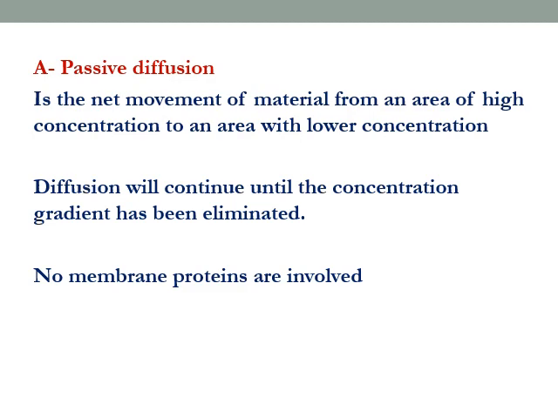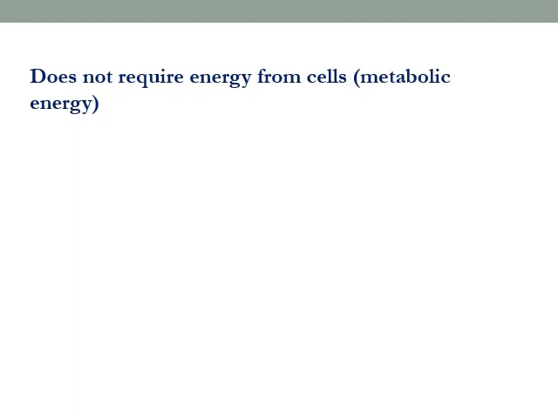إذا في الباسيف diffusion انتقال المواد يحدث من المناطق ذات التركيز العالي إلى المناطق ذات التركيز الواطئ، ولا توجد أي مساهمة للبروتينات الموجودة في البلازما ممبرين أو لا توجد أي مساعدة لهذه البروتينات في عملية انتقال المواد عبر البلازما ممبرين بهذه الطريقة، ولكن فقط يحدث الانتقال عن طريق الديفيوجن أو الانتشار and doesn't require any energy from the cells or metabolic energy.